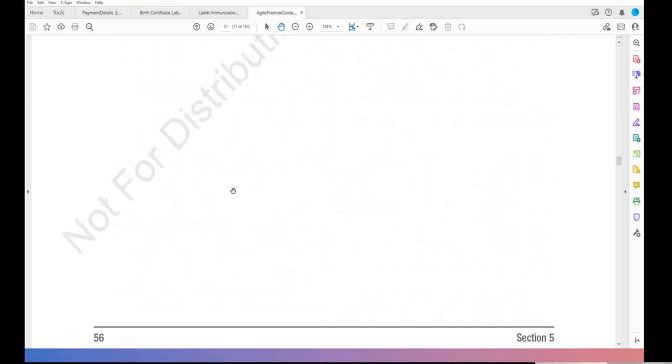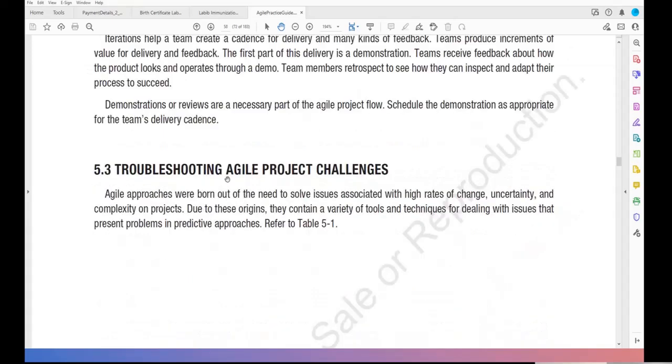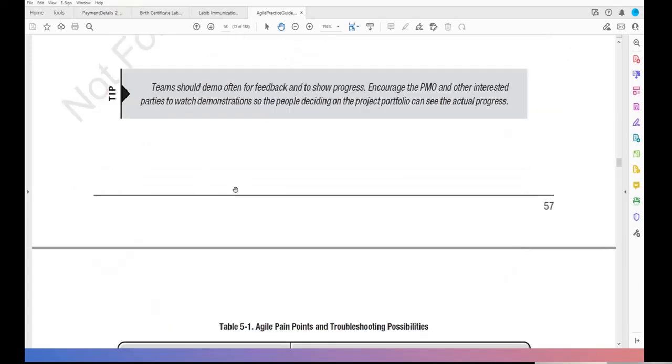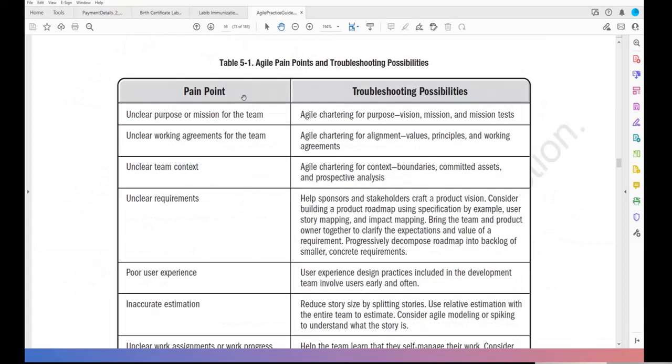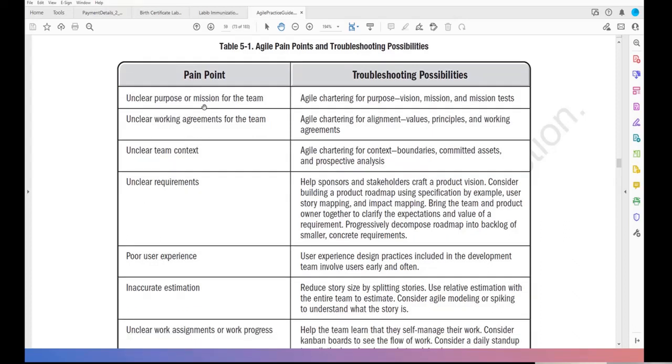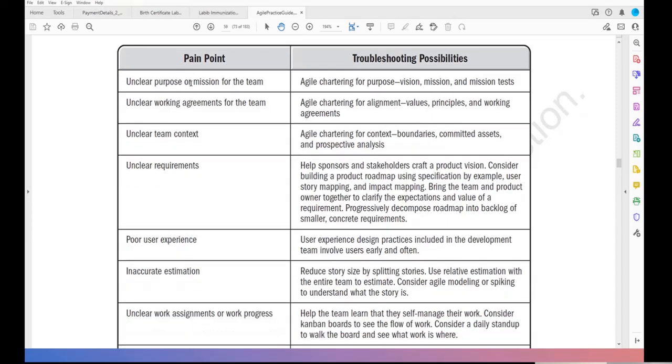Okay, and then troubleshooting, we don't need it. Then this is called pain points. Pain points means sometimes the requirement or the purpose of the mission is not clear. Sometimes the product owner comes with unclear requirements.